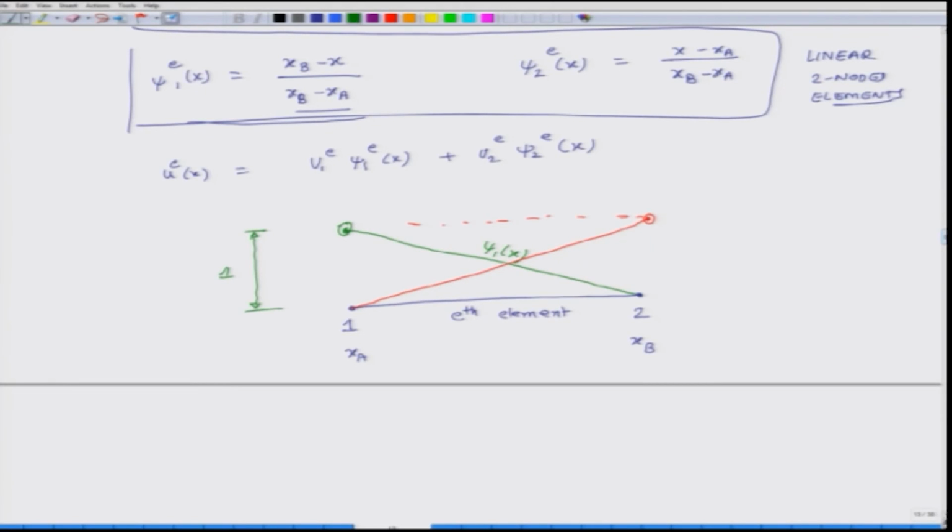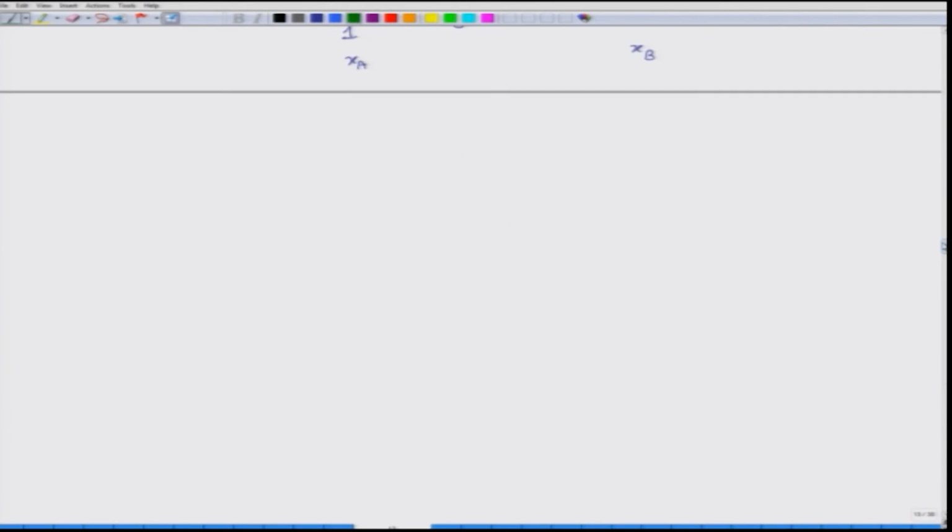At this point of time, I will also introduce 2 different coordinate systems. One is the global coordinate system and the other one is the local coordinate system. Suppose this is the length 0 to L. Here x is equal to 0 and this is x equals L, and let us say I am breaking this domain into a lot of elements.